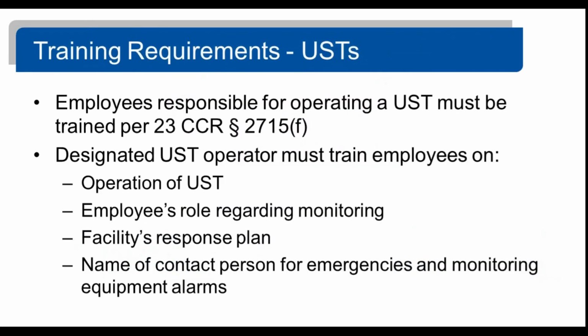So if your facility has a UST used to store a hazardous material, employees that are responsible for operating that UST system must be trained per state regulations spelled out in Title 23, California Code of Regulations, Section 2715, paragraph F. And these employees that are responsible for operating a UST system must be trained by a designated UST operator.